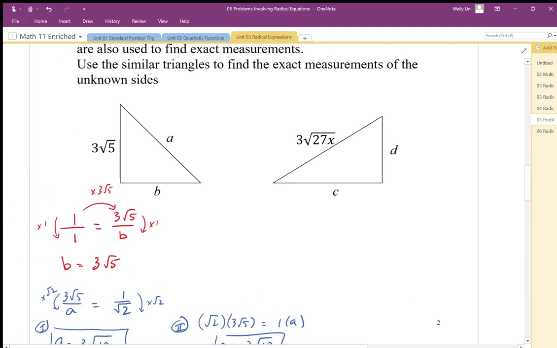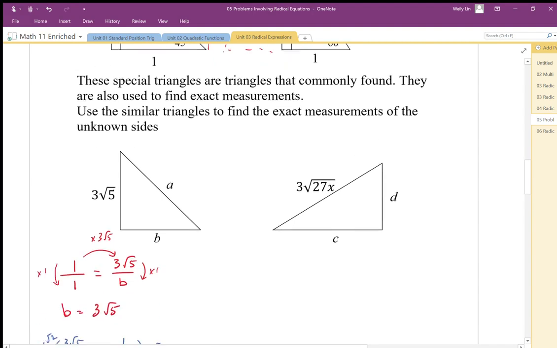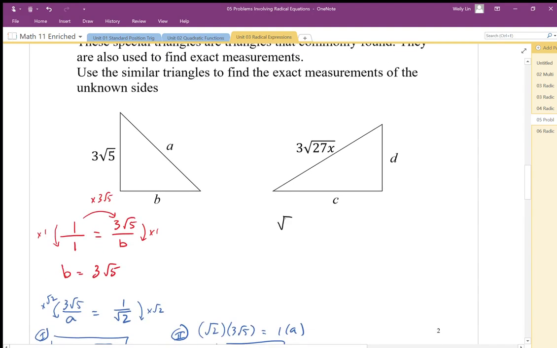For C and D, we can do the same thing. I'm going to use a trig ratio for C, so I'm going to look at my triangle here. I know I'm going to use root 3 and 2. So I'm going to say that root 3 to 2 is equal to side C to 3 root 27x.